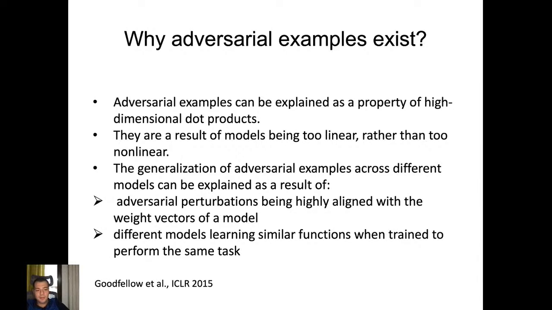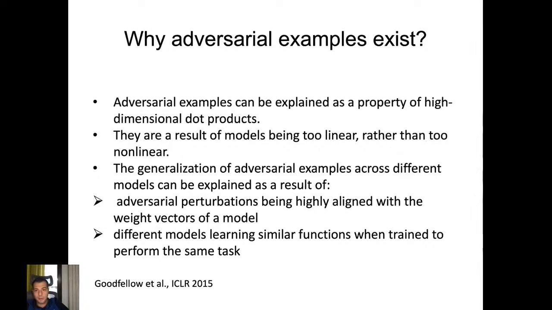Some of these ideas were proposed in the paper of Goodfellow. They concluded that adversarial examples can be explained as a property of these high-dimensional dot products, and we will discuss more on this. I think we have the paper, maybe the third or fourth paper.